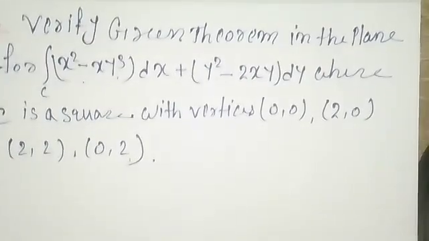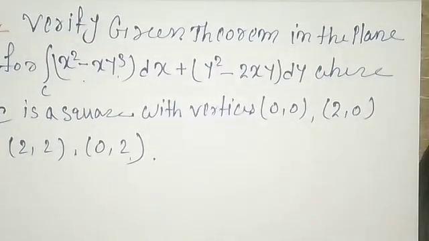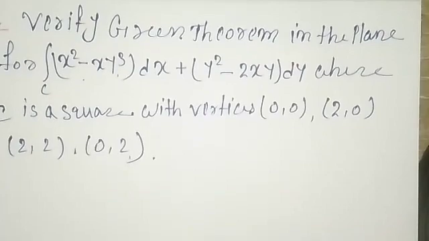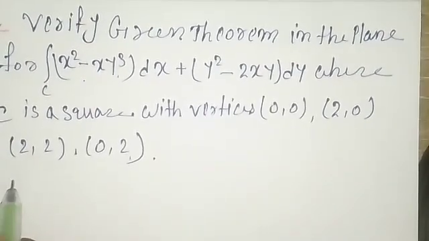For Green's theorem, the Cartesian form is that the line integral of M dx plus N dy is equal to the surface integral of (dou N by dou x minus dou M by dou y) dx dy. So here we can go and do the solution.